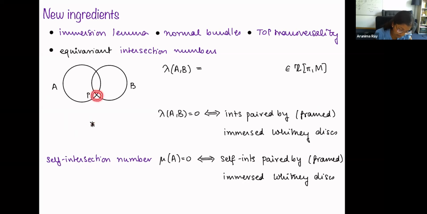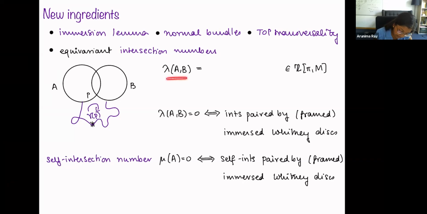I have that intersection point P. I'm going to come up with an element of the fundamental group corresponding to that intersection point by starting at the base point, taking a loop over to A, going along A to the point P, going along B to somewhere in B, and then back to the base point somehow. So that little path that I drew over there, that's something I'm going to call gamma of P.